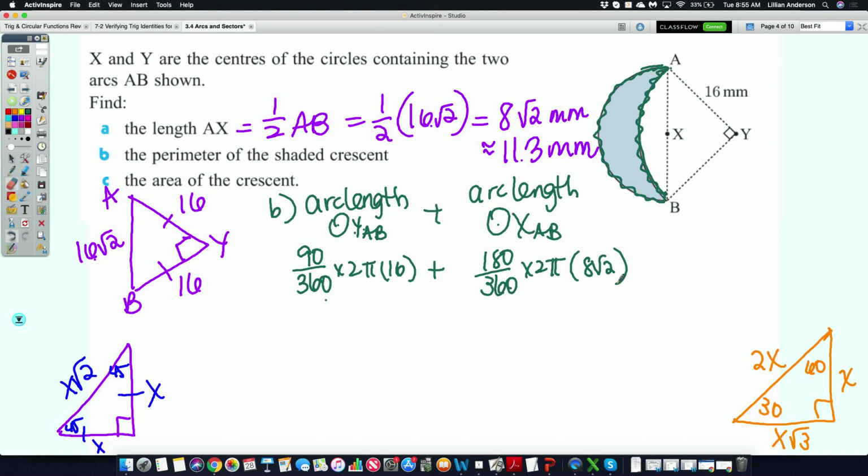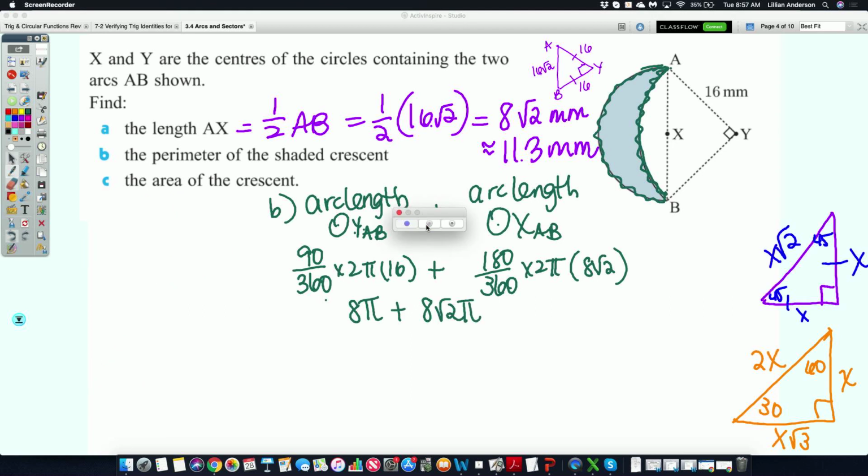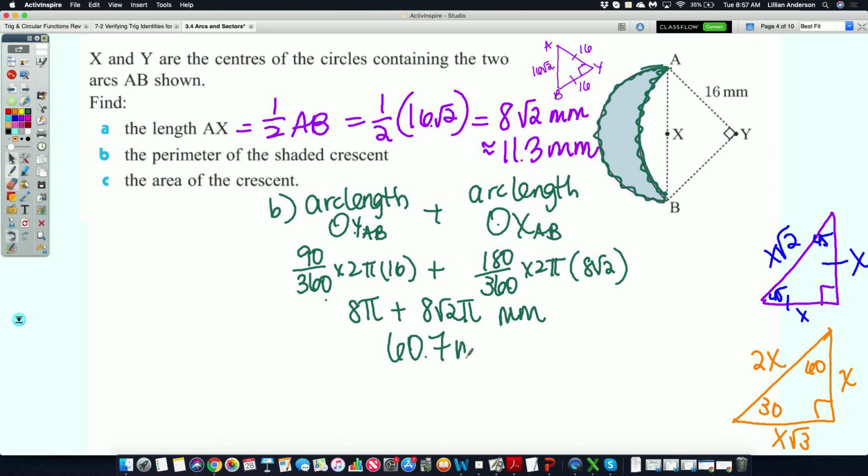Can you guys go ahead and do that? What did you get? 60.67. So that'd be 60.7 millimeters.